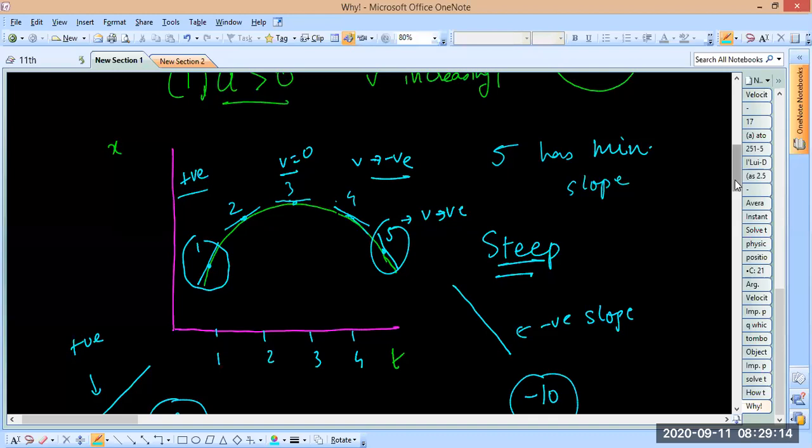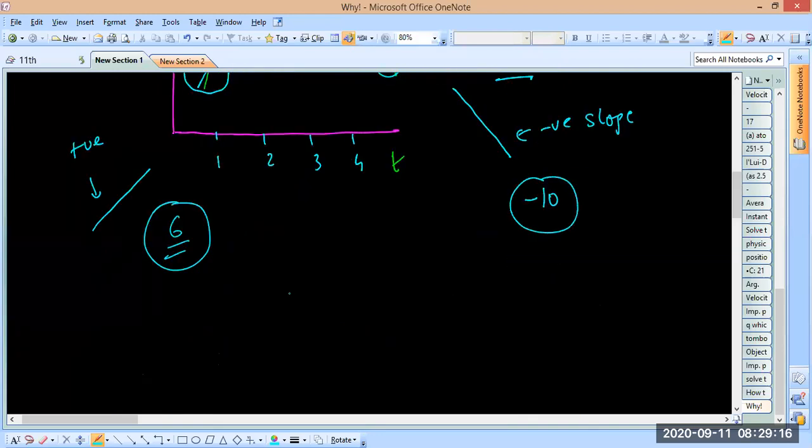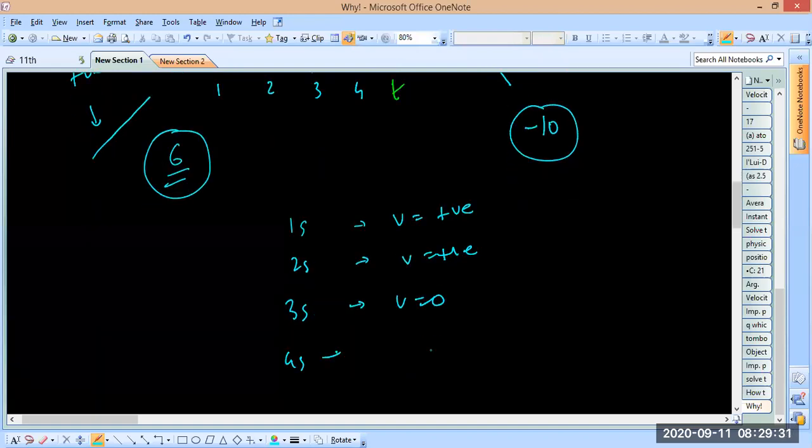So here we can say that at 1 second velocity was positive, at 2 seconds also it was positive, but then gradually at 3 seconds it becomes 0, roughly speaking, and at 4 seconds it becomes negative, right? So here you can see that velocity is decreasing, right? Downward arrow means I'm saying it is decreasing, right?